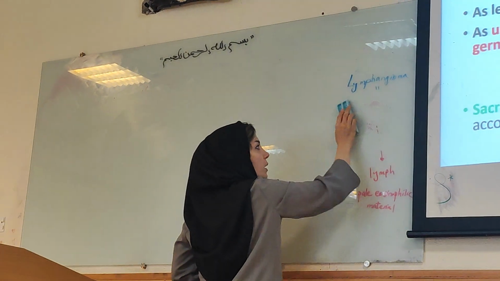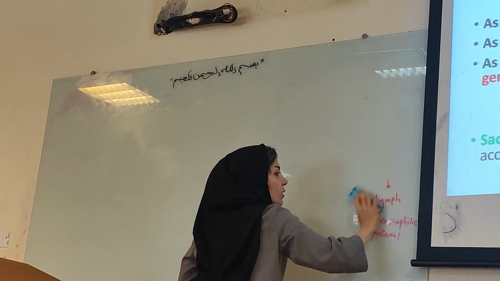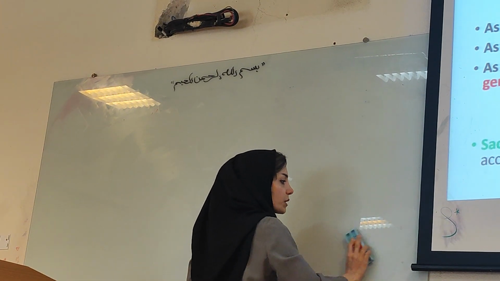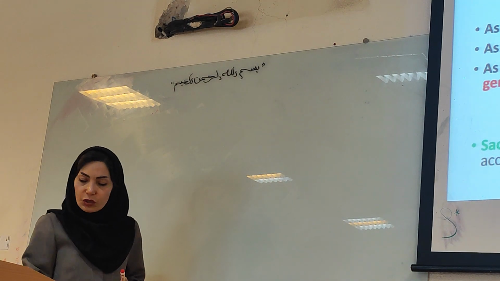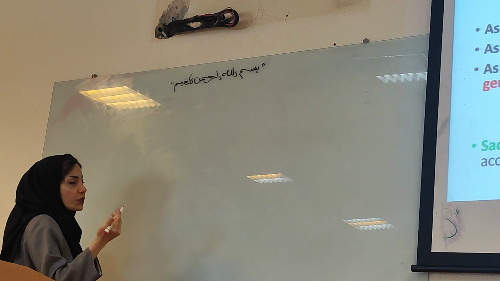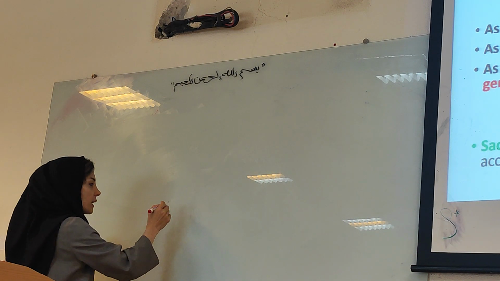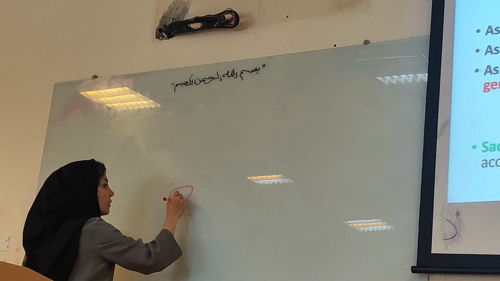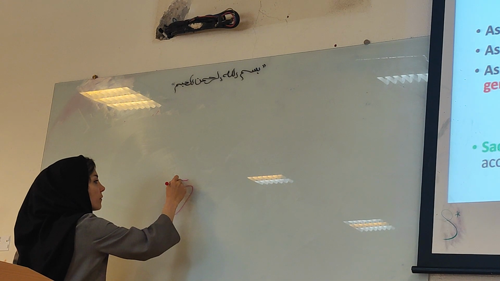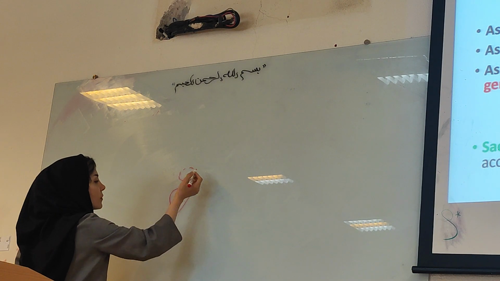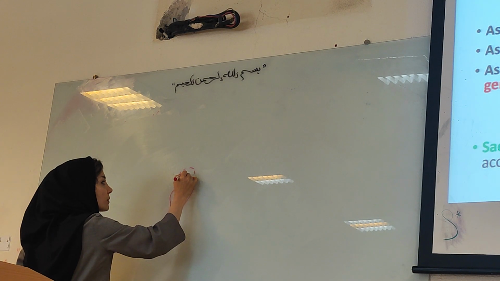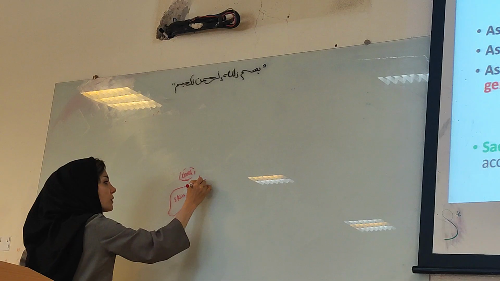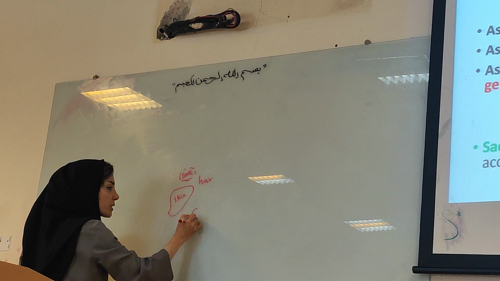In a teratoma, you may see all of mature tissues, and usually the tissues that you may see in a teratoma may be skin or a part of tooth or hair or cartilage.